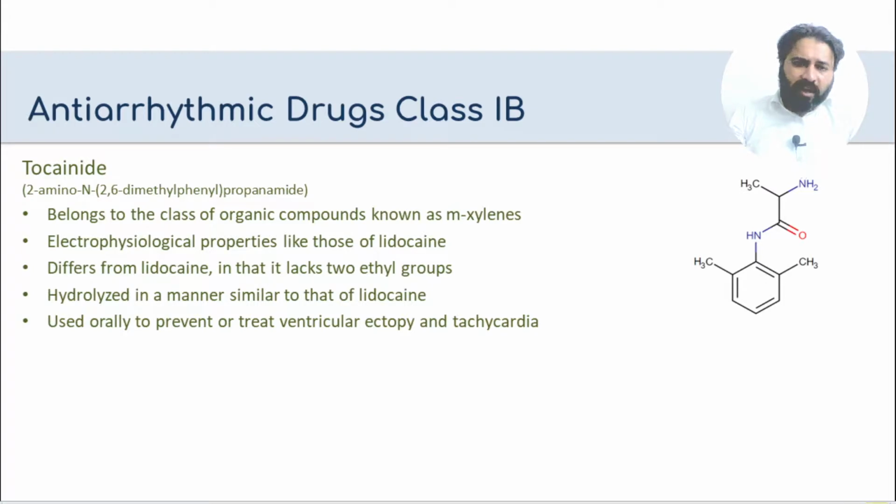Tocainide is an antiarrhythmic agent used orally to prevent or to treat ventricular ectopy and tachycardia. If we see the structure of this, it belongs to the compounds which are the xylenes.